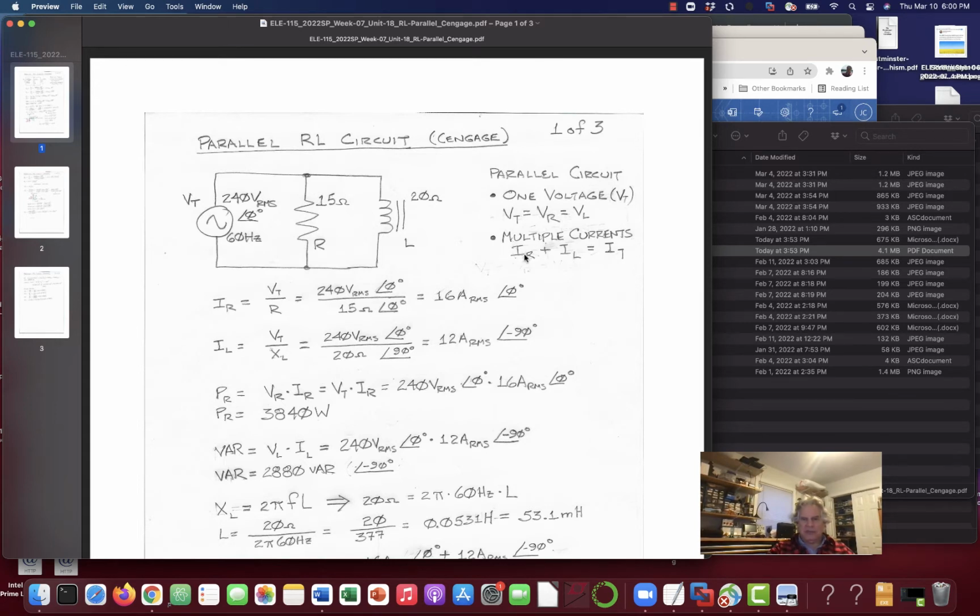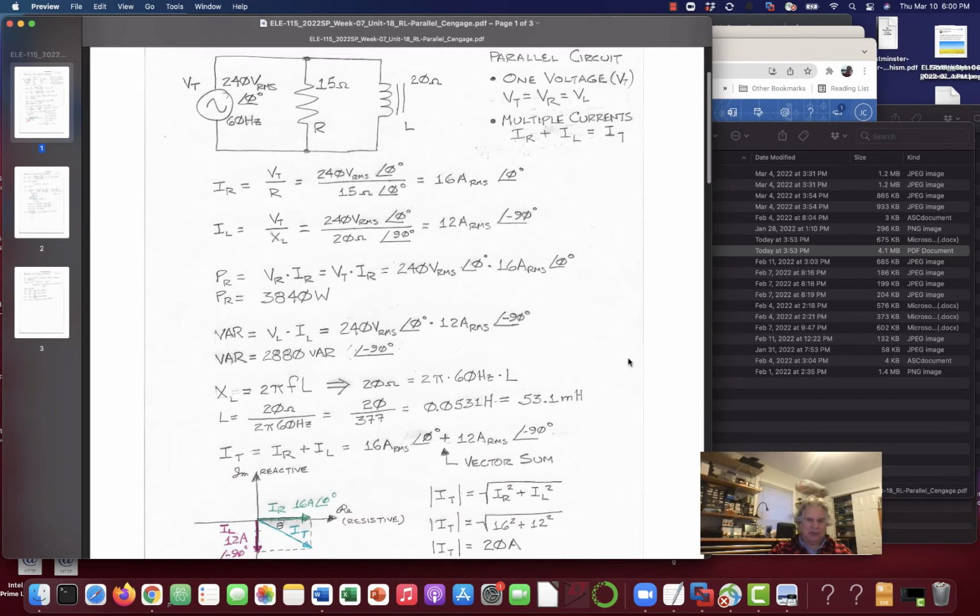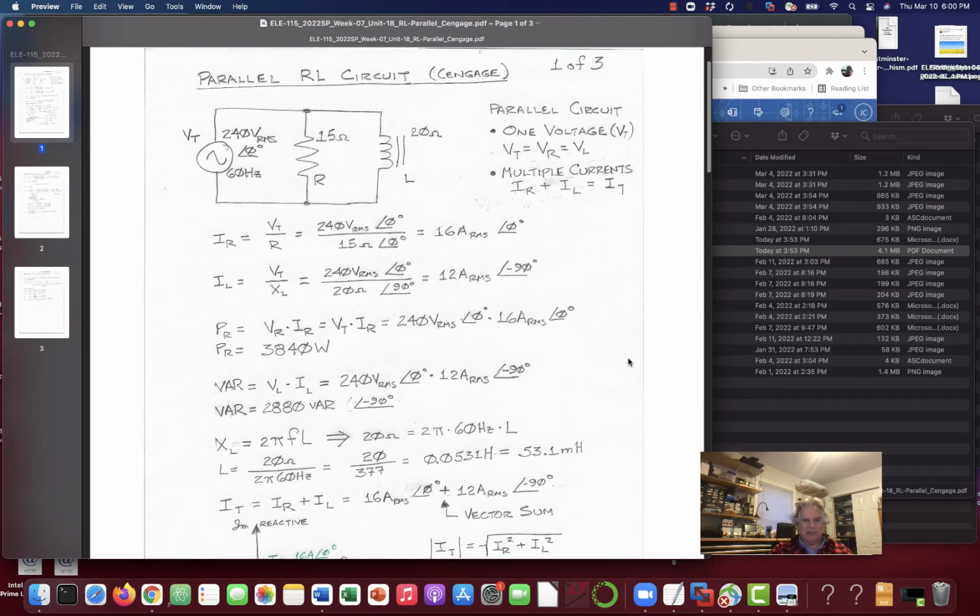Multiple currents: there's a current through the resistor, a current through the inductor, and when they add up, they give you the total current. Now, a lot of these things require vector addition. Sometimes they don't, so we'll try to be mindful of that as we go through.